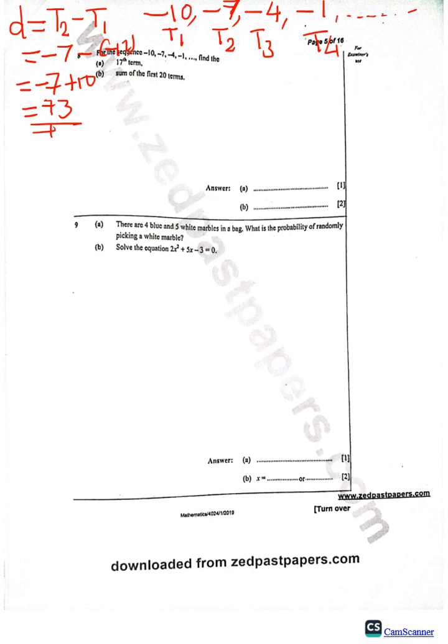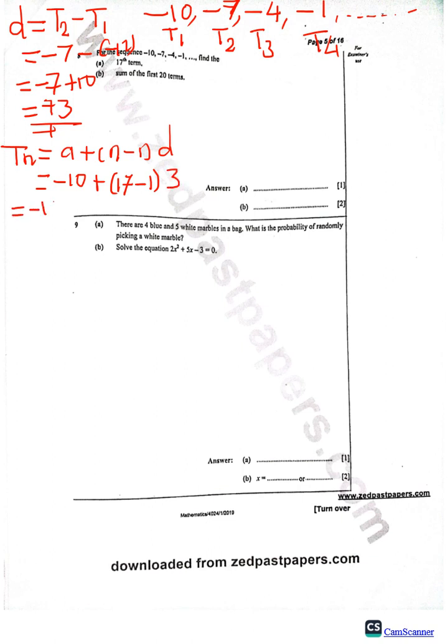Now from there, we can go back to the formula. So the formula is Tn is equal to the first term in our sequence plus n minus 1 multiplied by d. So the first term is negative 10 plus, where n is 17 since we are looking for the 17th term, minus 1, then multiplied by our 3.